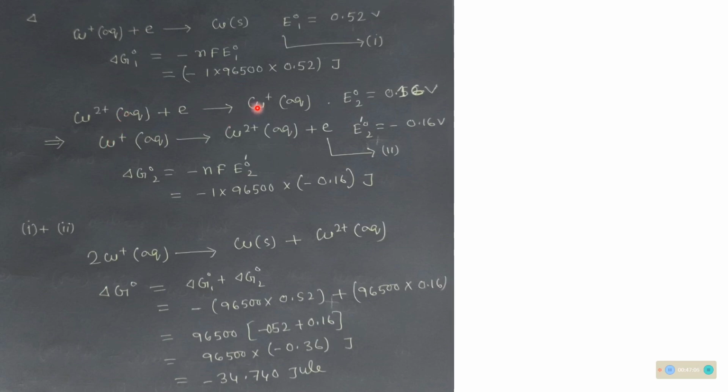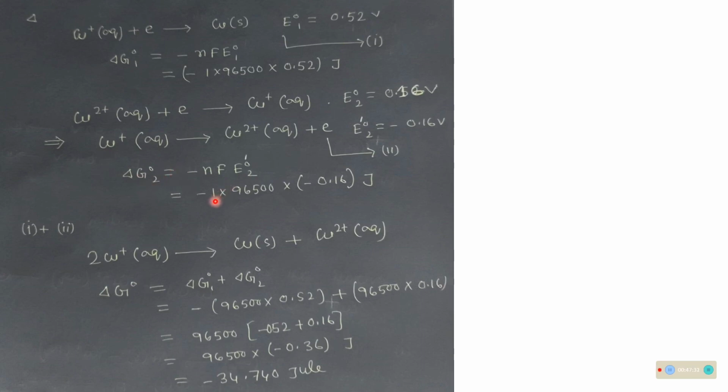I changed the direction, so Cu plus transforms into Cu2 plus by releasing one electron. The E02 value changes in sign, so it is minus 0.16 volt.